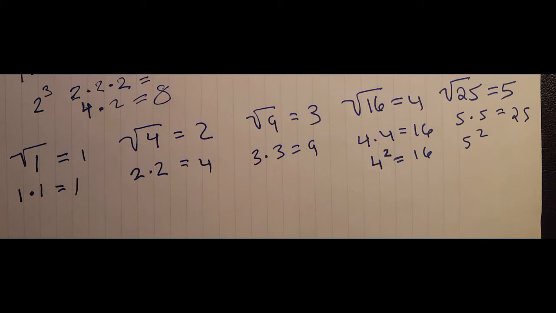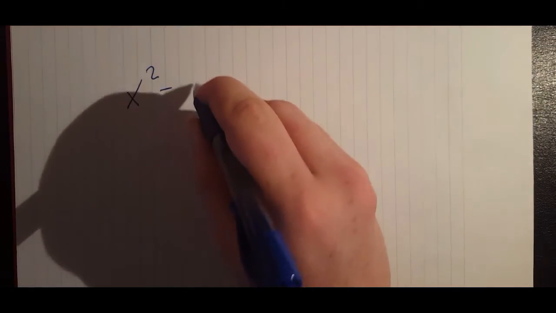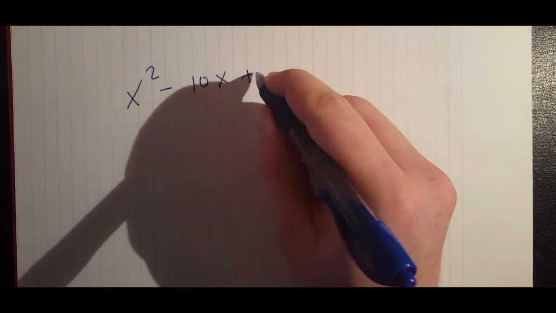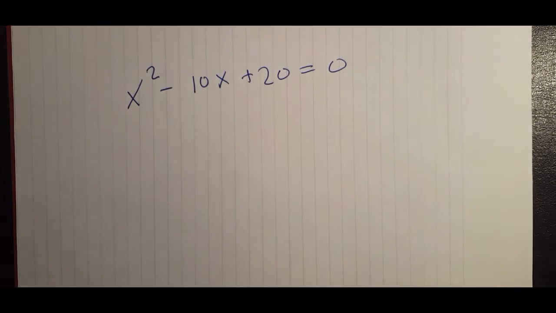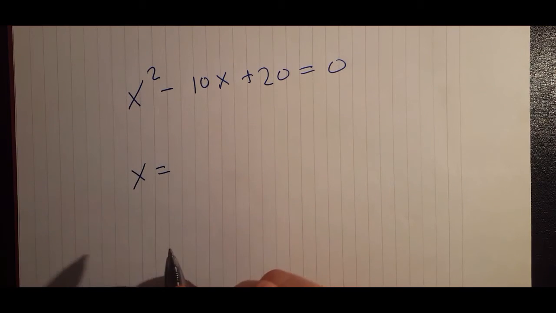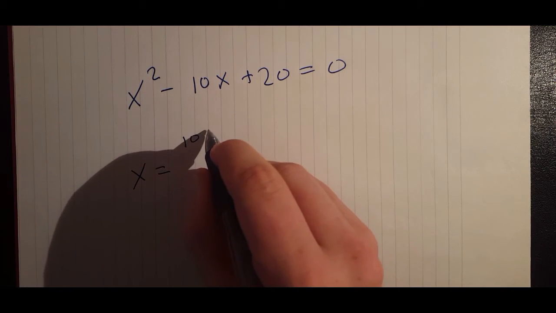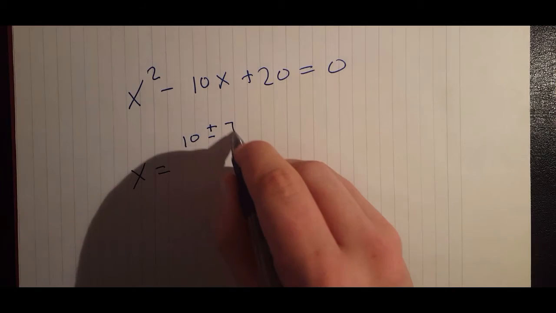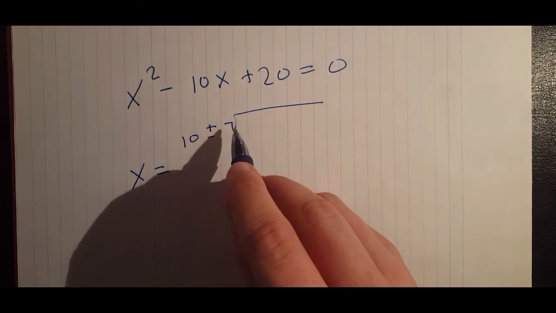We'll try to go back and solve a quadratic equation. Okay, so the equation that we're going to be solving for today is x squared minus 10x plus 20, which equals 0. Let's plug in the numbers. X equals negative b, or just 10, plus or minus the square root of b squared.